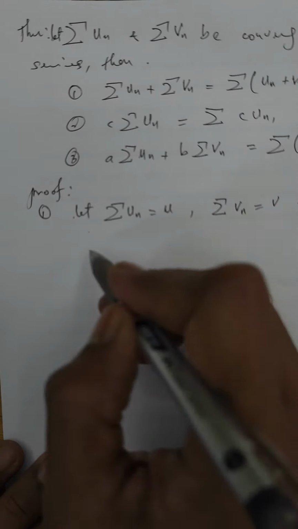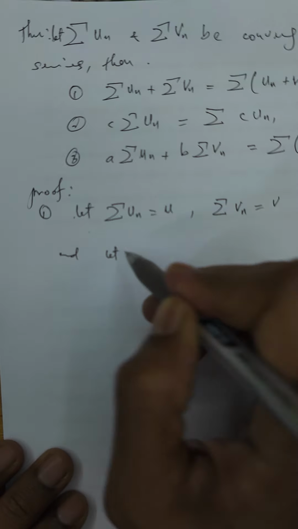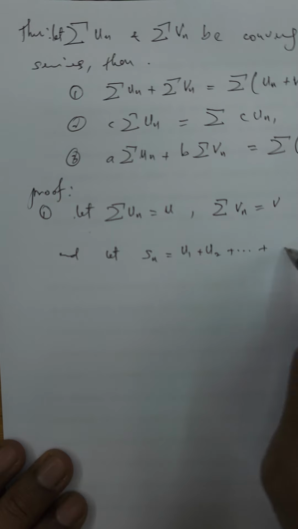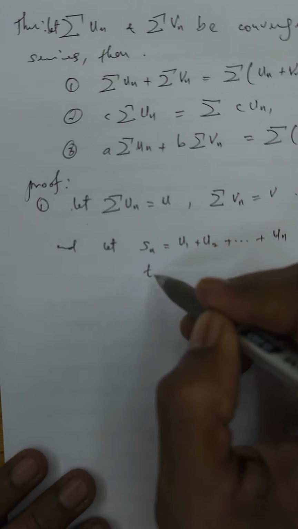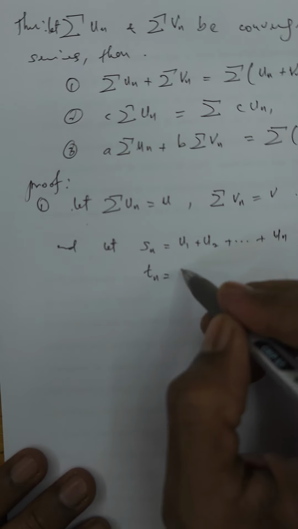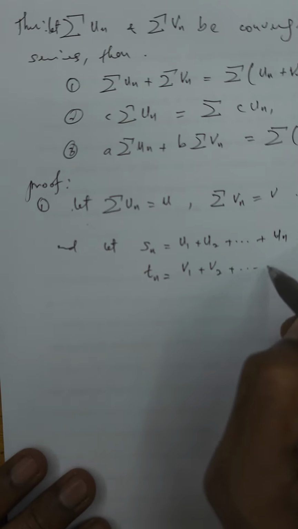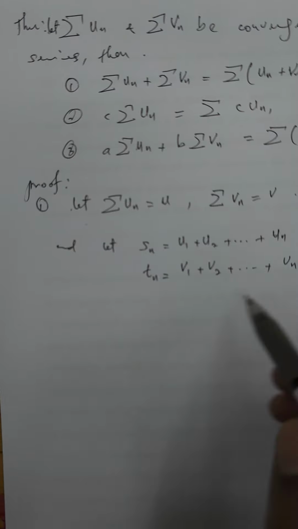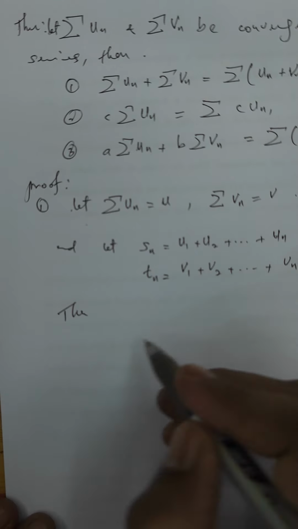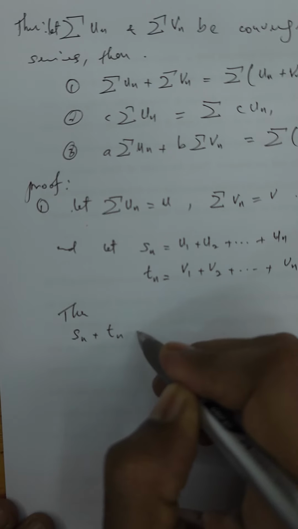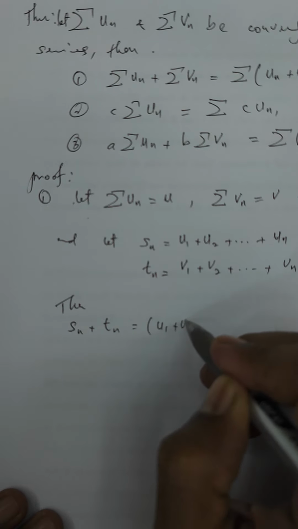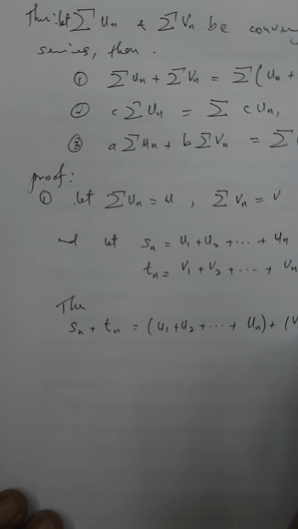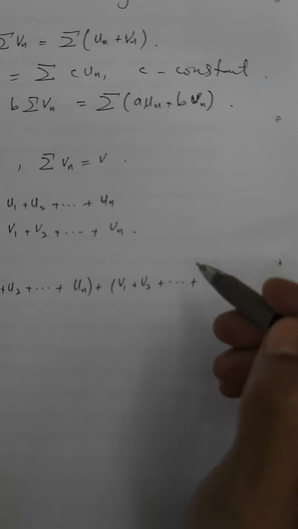Consider the partial sums: let Sn equal u1 plus u2 plus up to un, and Tn, another partial sum for vn, equal v1 plus v2 plus up to vn. If you add up Sn and Tn, then Sn plus Tn is equal to u1 plus u2 plus up to un plus v1 plus v2 plus up to vn.